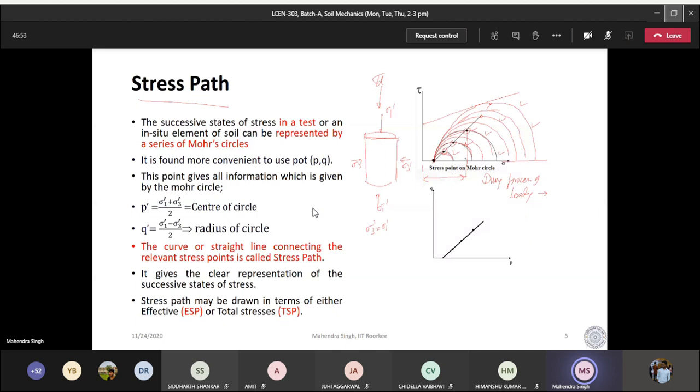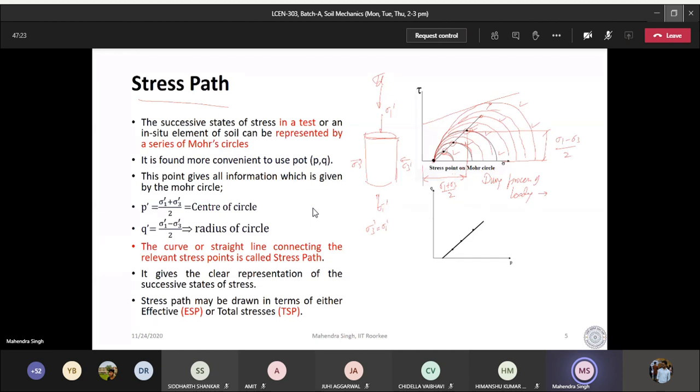This point has its center at sigma 1 plus sigma 3 divided by 2, and its radius will be equal to sigma 1 minus sigma 3 divided by 2. So if I know the x coordinate and y coordinate of this point, I get all the information about that circle. So rather than drawing the circles, these stress points are plotted.